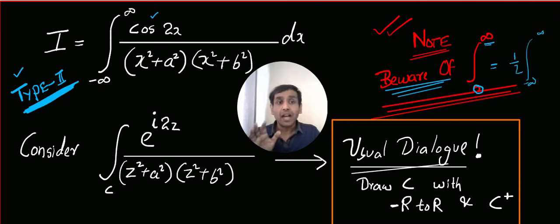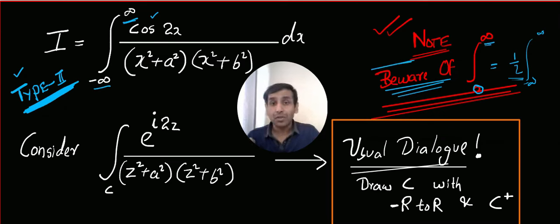So when you write the last answer, don't forget to multiply by half, because it's a long process. At the end, don't forget. Always check whether the limits are from minus infinity to infinity. If they give you 0 to infinity, be aware of it at the last minute.